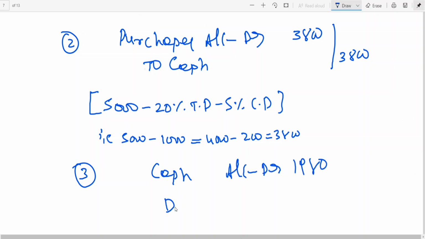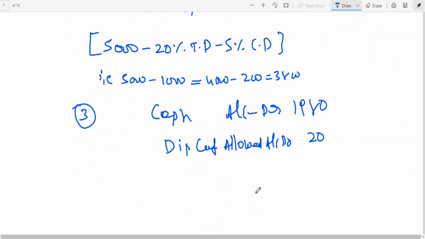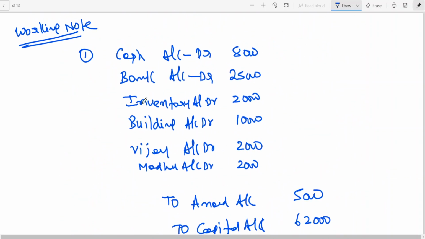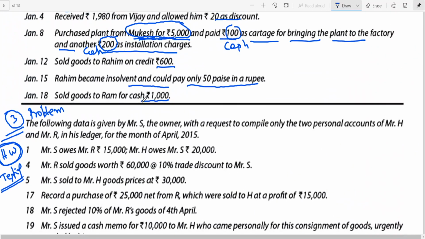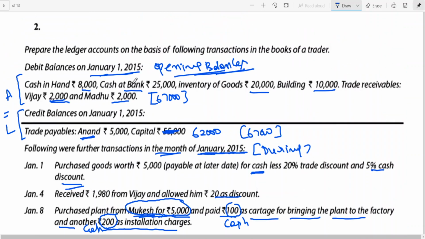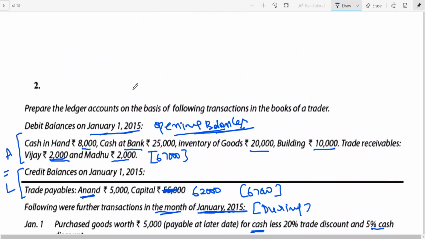I think you know how to write a combined entry. Cash account debit, discount allowed account debit, to Vijay account 20 rupees. Clear to all of you?